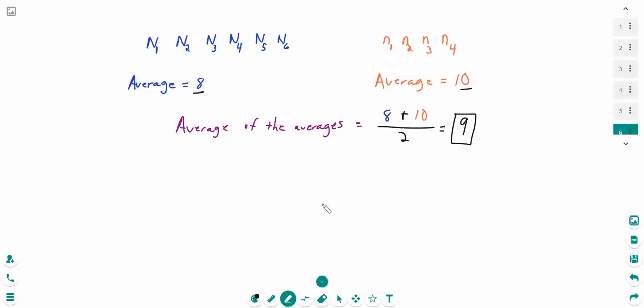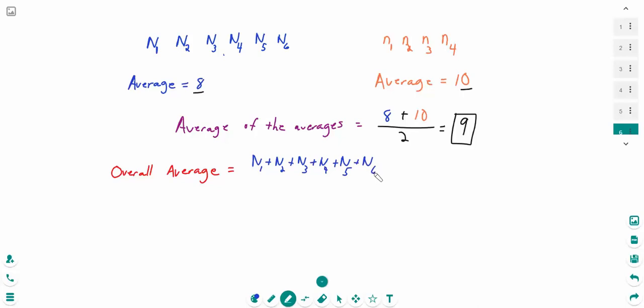But now let's say they want to know, what's the overall average? The overall average. So in order to decide what the overall average is, think about what we would need to do. The overall average would mean we would have to take n1 plus n2 plus n3 plus n4 all the way up to n6, right?